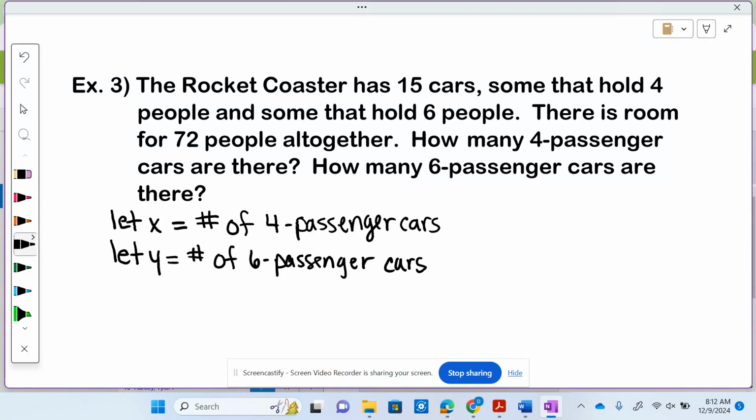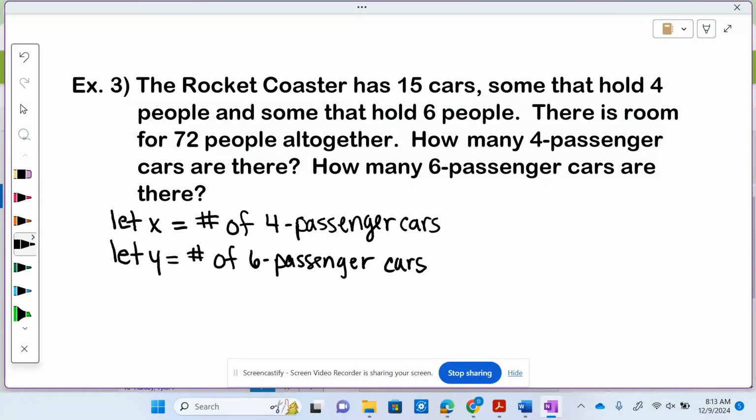So how are we going to get our two equations for our system? How many cars are there altogether? There are 15. So how do I show that the number of 4-passenger cars added to the number of 6-passenger cars equals 15? X plus y equals 15.